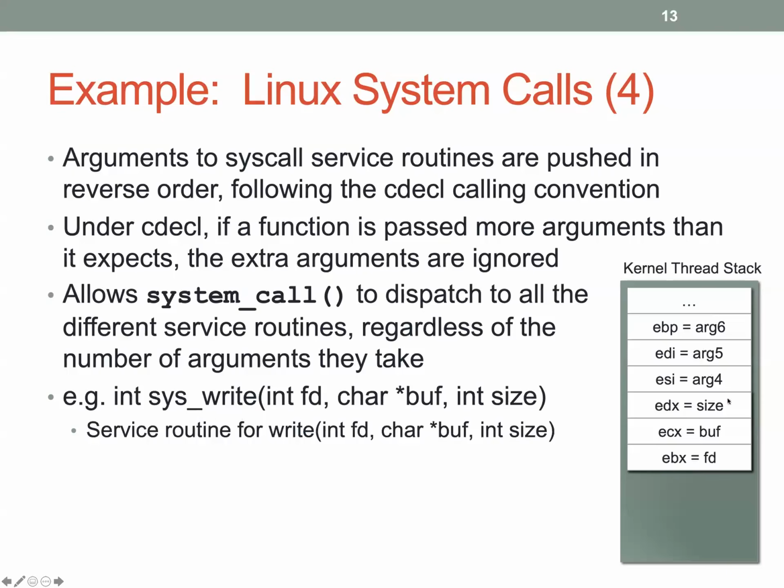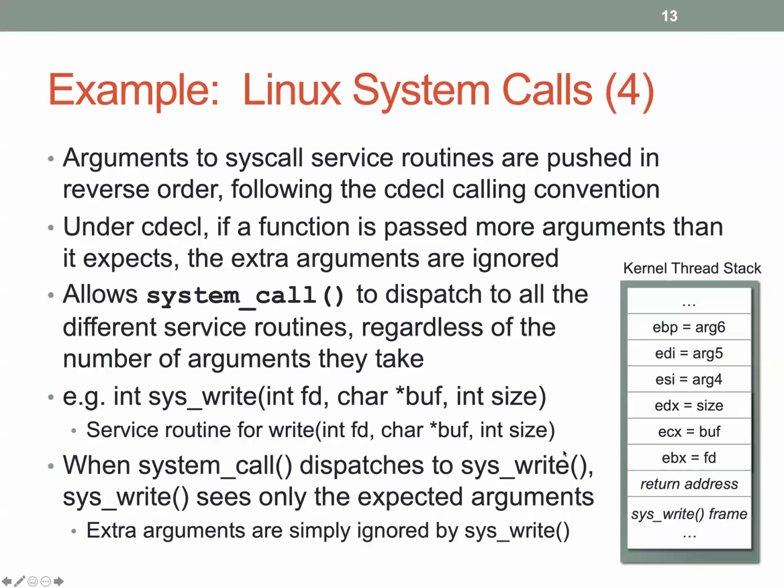And so you can see that the way the stack will be initialized, file descriptor is the first argument after the system call number, so it gets pushed last. The second argument gets pushed second to last, and the third argument gets pushed third to last. And then the other arguments that are unused also get pushed, but they're not used. And so when the sys_write function is invoked following the cdecl calling convention, the stack is just magically perfect.